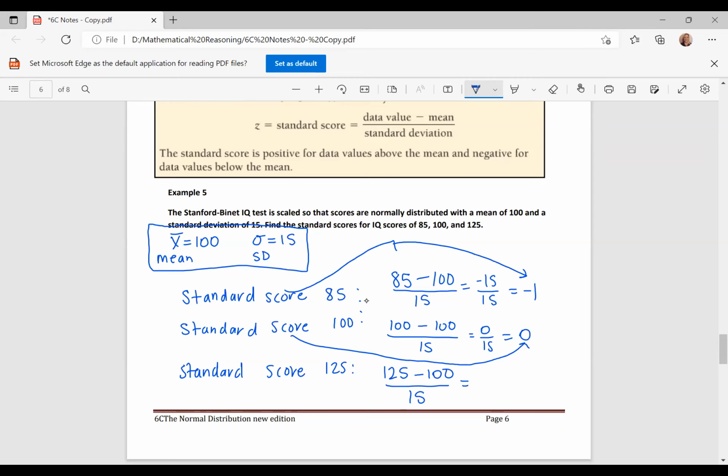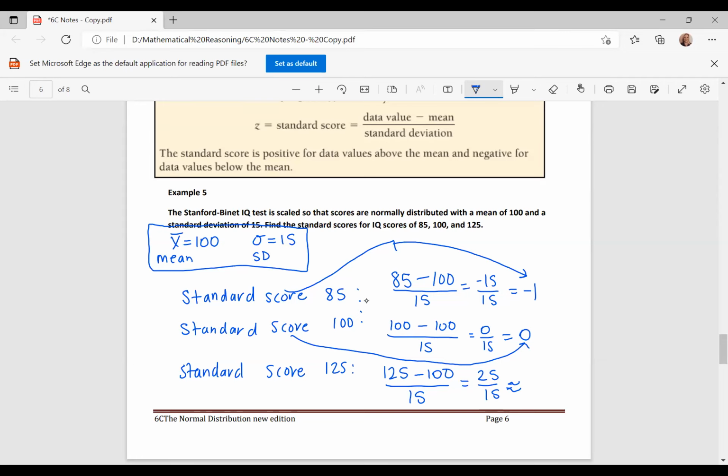What is their standard score going to be? So what is the answer to that calculation?